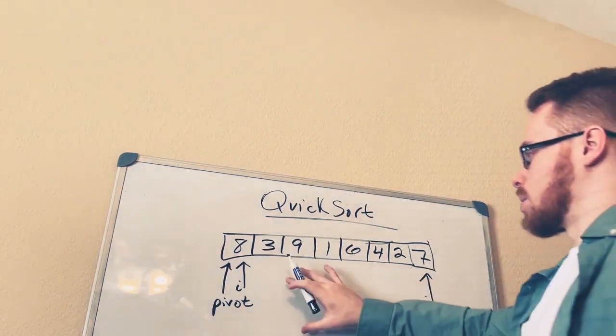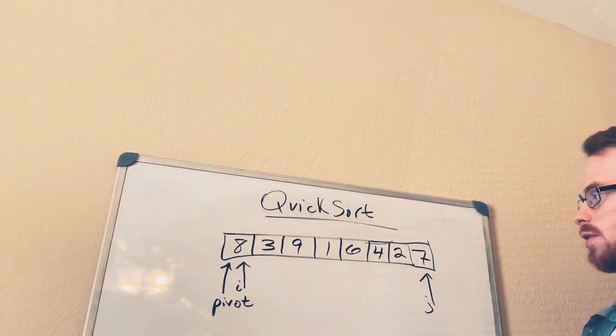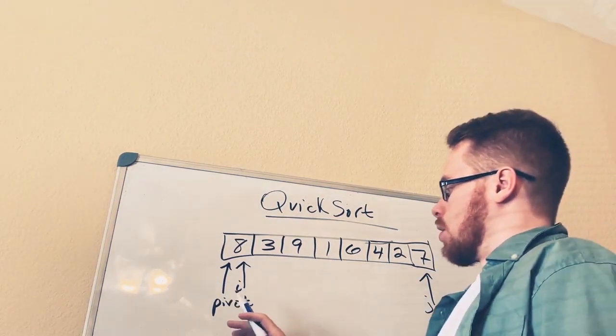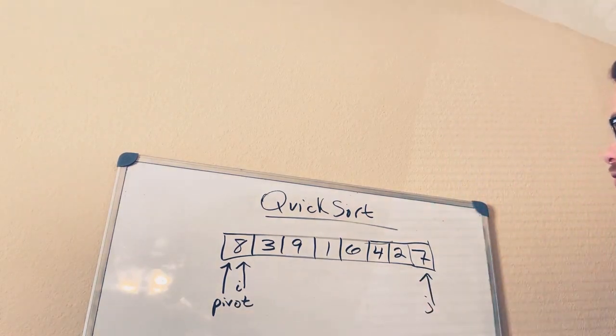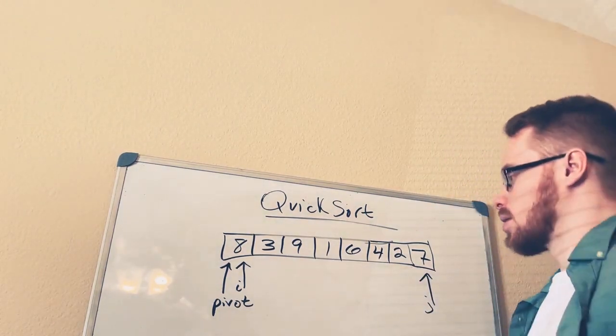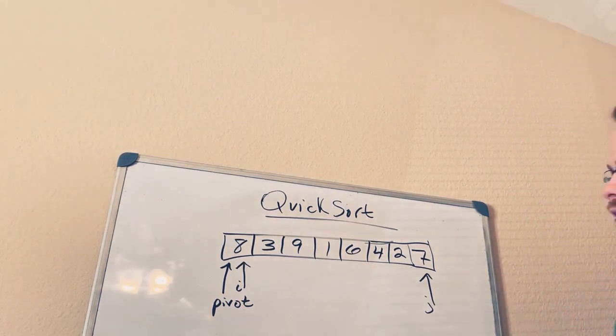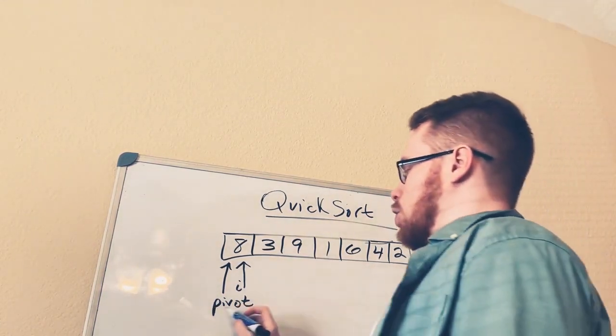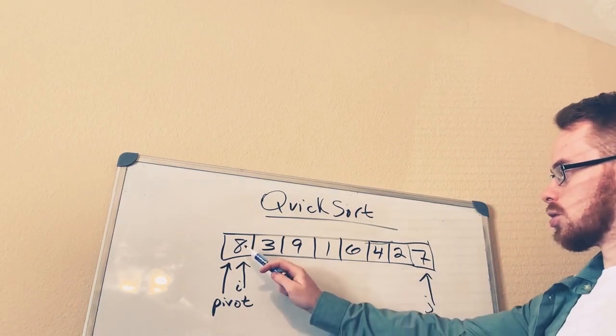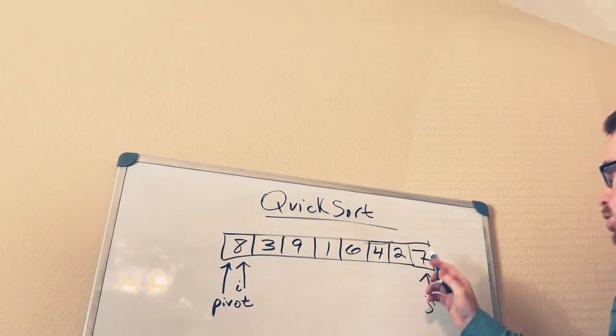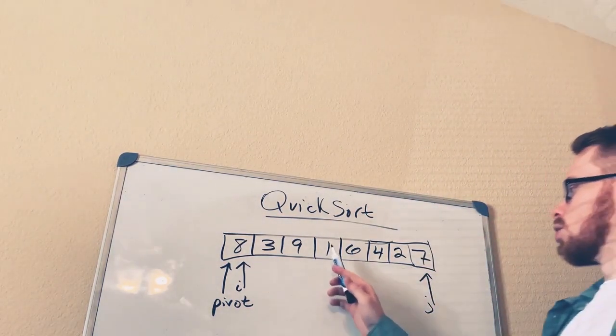Now the pivot is where you can get creative and keep making this algorithm more efficient. The pivot doesn't really matter which one you choose for the algorithm to work, but to make it more efficient, there are ways of choosing the pivot. I'm just going to choose the first index in the array. You could choose the last index, or the middle index.